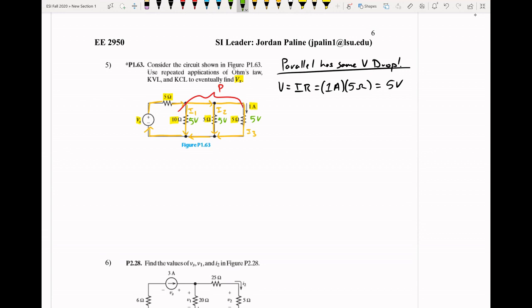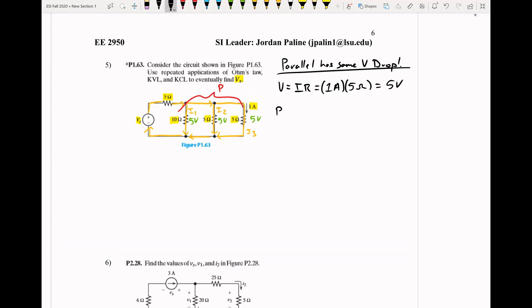And we have a couple options. We can either go ahead and do a voltage division with a loop, or what we're going to end up doing for this problem is to combine our resistors in parallel.